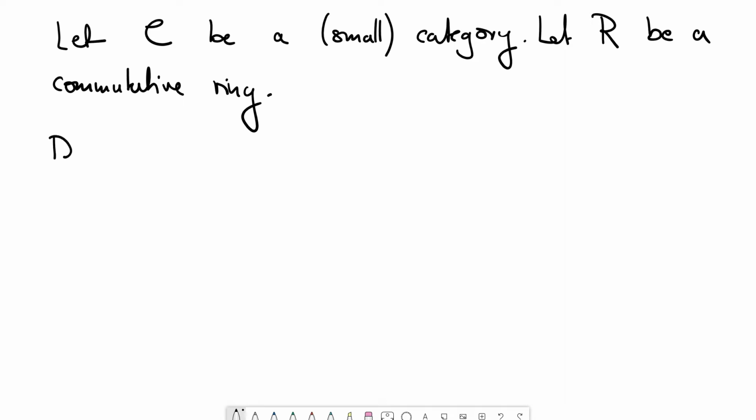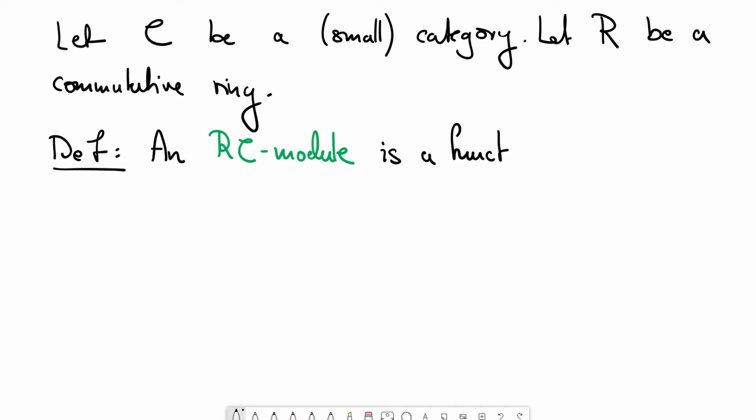And then I will introduce the concept of a module over a category. An RC module is just, by definition, a functor from the category C to R modules.